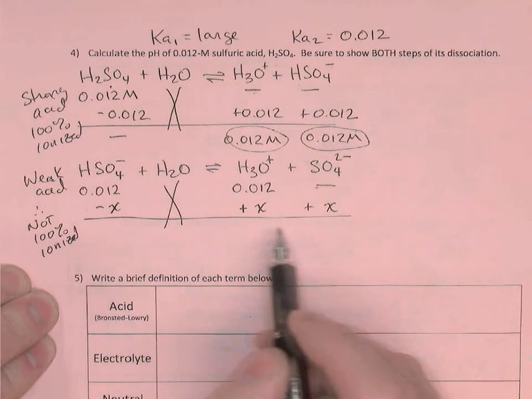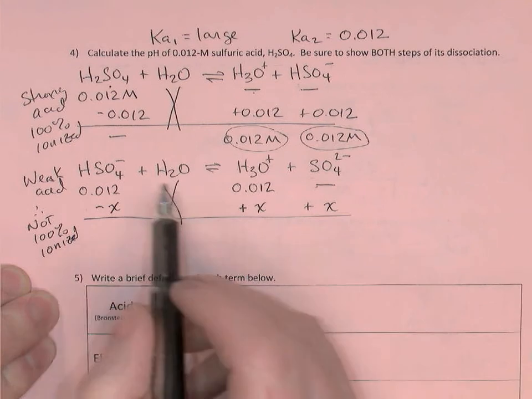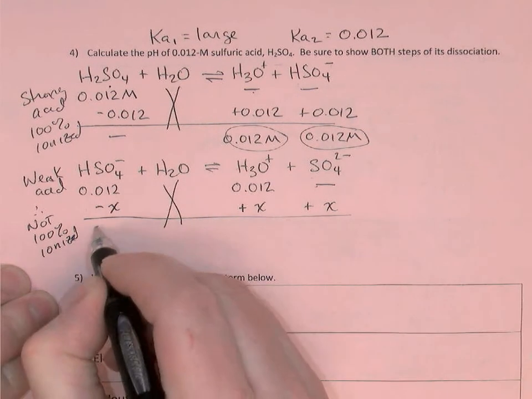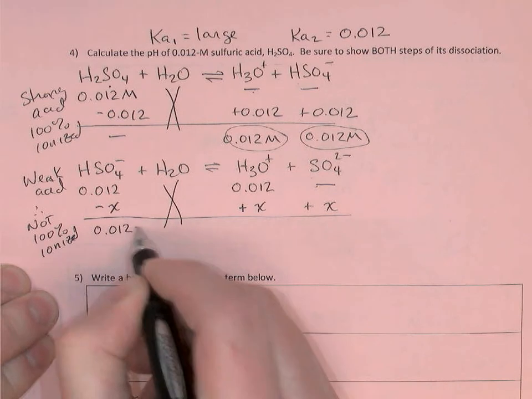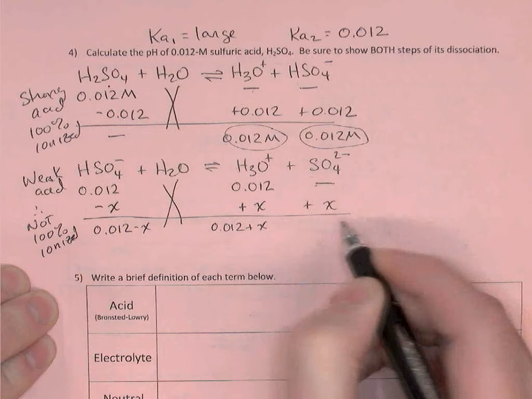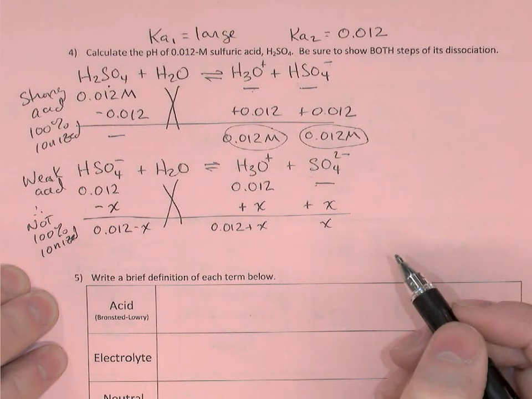Remember that the change line of an ice table is always based on the ratios in the balanced equations. So at equilibrium, we have 0.012 take away X, we have 0.012 plus X, and we have X for sulfate.